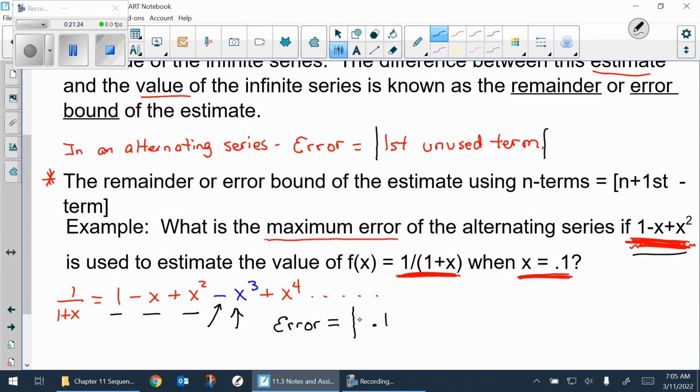Now, just for giggles, I'll do the third power, but this is going to end up positive anyway. And we get that. That is how far off we're going to be. That is going to be the maximum error when x is 0.1.